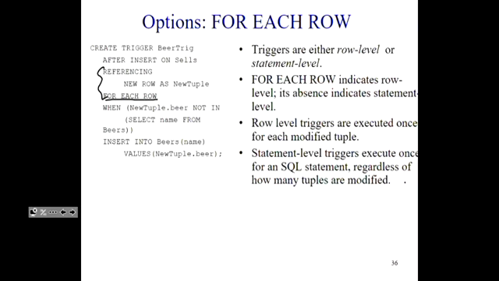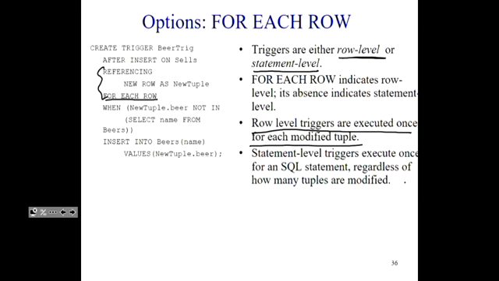If you don't have for each row, you have a statement level trigger. If you have a row level trigger which is enforced via for each row, these are executed once for every modified tuple. For every modified tuple, you execute something once. Statement level triggers execute once regardless of how many tuples are modified.